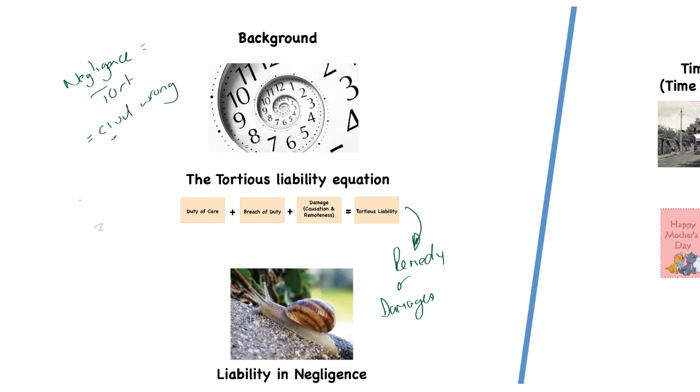And in order to demonstrate that we have a civil wrong, we need to show our duty of care, our breach of duty, and our damage. If we can demonstrate that we have a civil wrong by showing these 3 things, then we can prove that there is a tortious liability. I have been wronged, I have been negligently wronged, and I can look for remedy from the defendant.